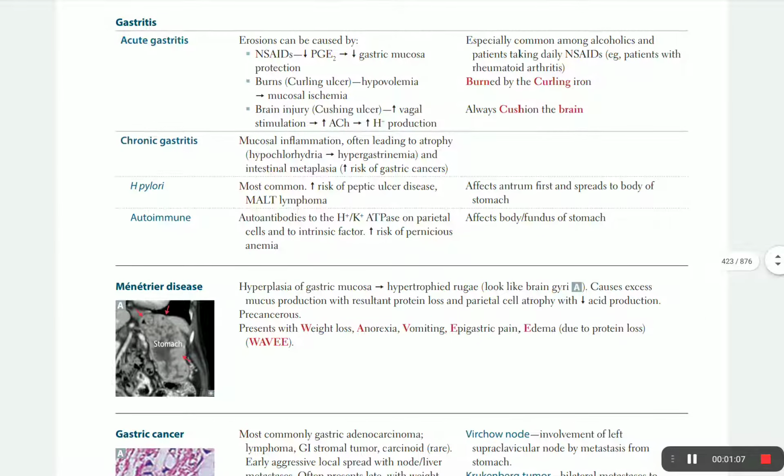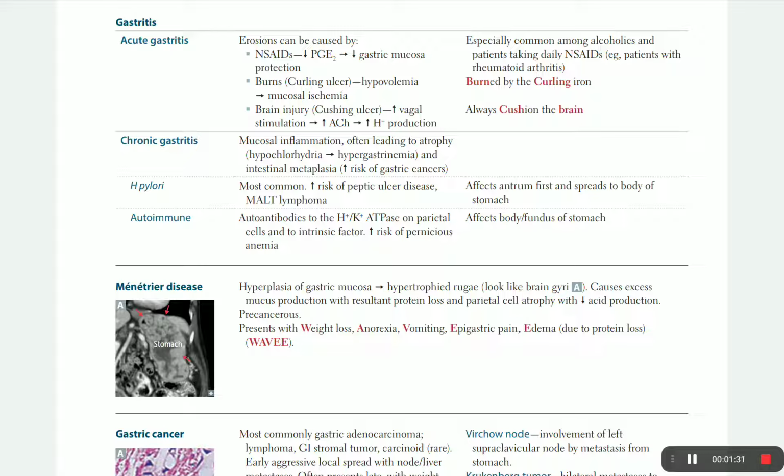So we have two major causes of gastritis at all: the mucosal cause and the HCl cause. If there is lower production of mucosa, that causes irritation or erosion of the stomach.